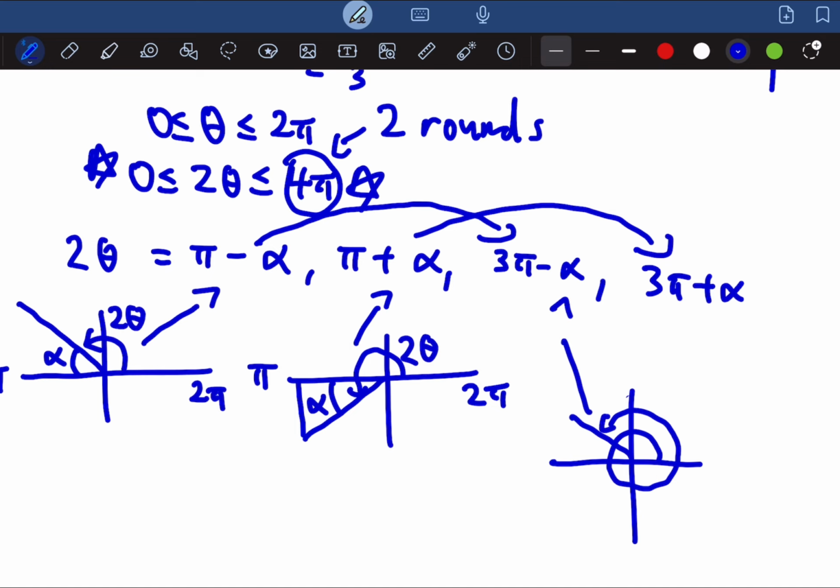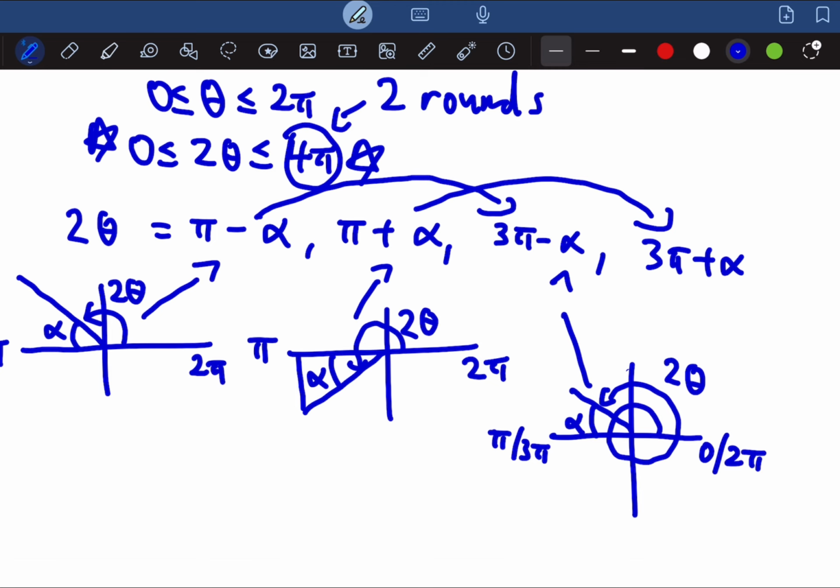So this is my 2 theta. And this is my 0 / 2 pi. And this is the same thing, my alpha. Here will be my pi over 3. So you can see over here, it will be 3 pi minus alpha.